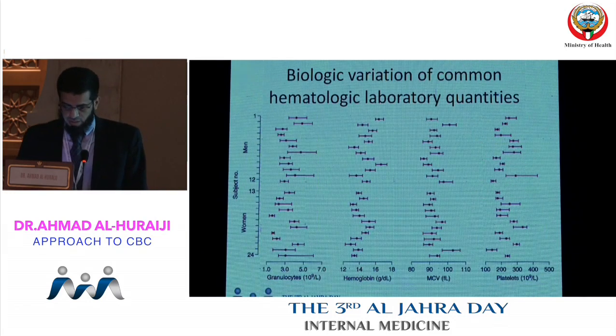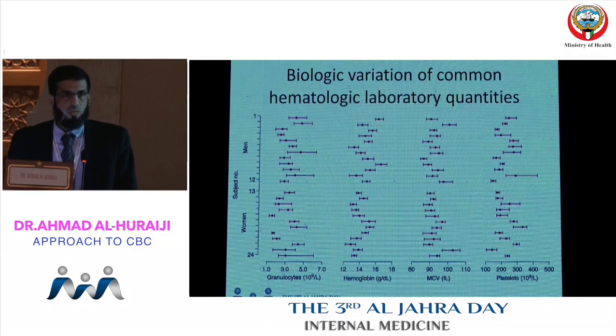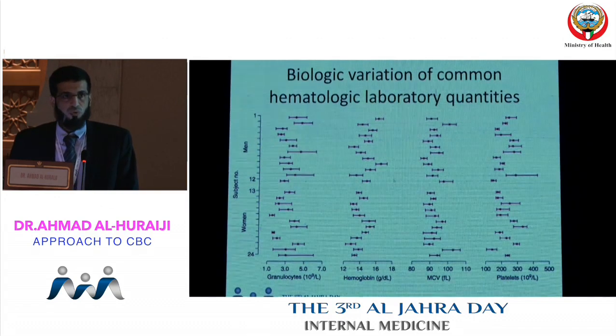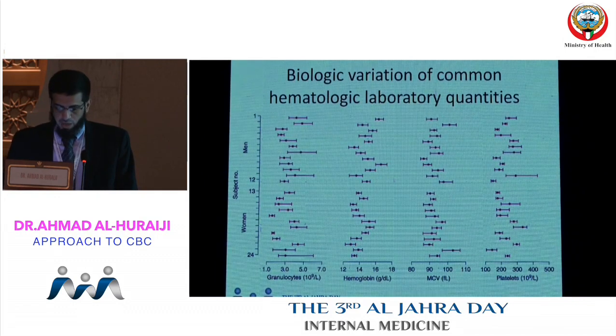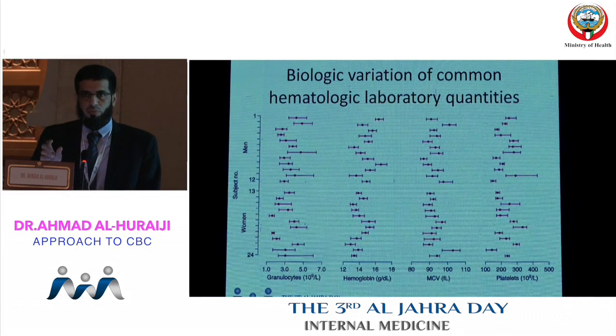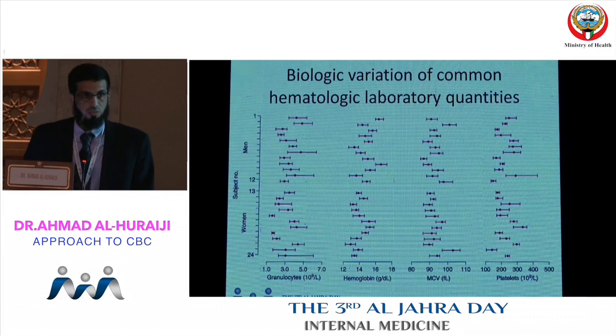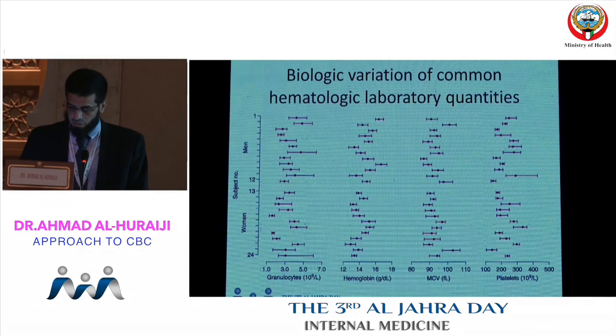This is a very nice study done on 24 healthy individuals, measuring fasting samples of their CBC by the same phlebotomist over a 14-day period. It shows that within the same individual, there is a narrow range of granulocyte count, hemoglobin, MCV, and platelets, but there is variation between individuals, as you can see here.